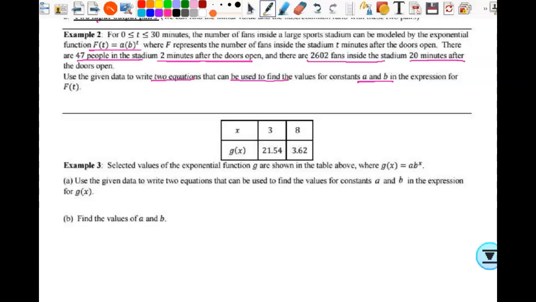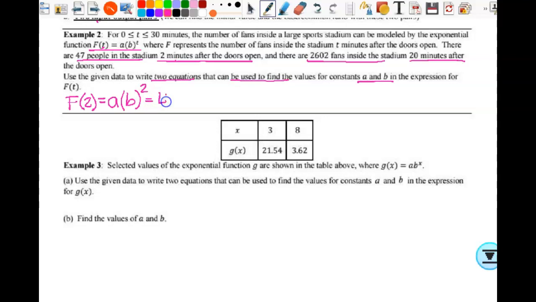If there are 47 people 2 minutes after the doors are open, t is 2, right? And it goes in right here. So f of 2 would be equal to some a times a b that I don't know to the t power. But in this particular case, what is t? 2. And what should that equal? 47.